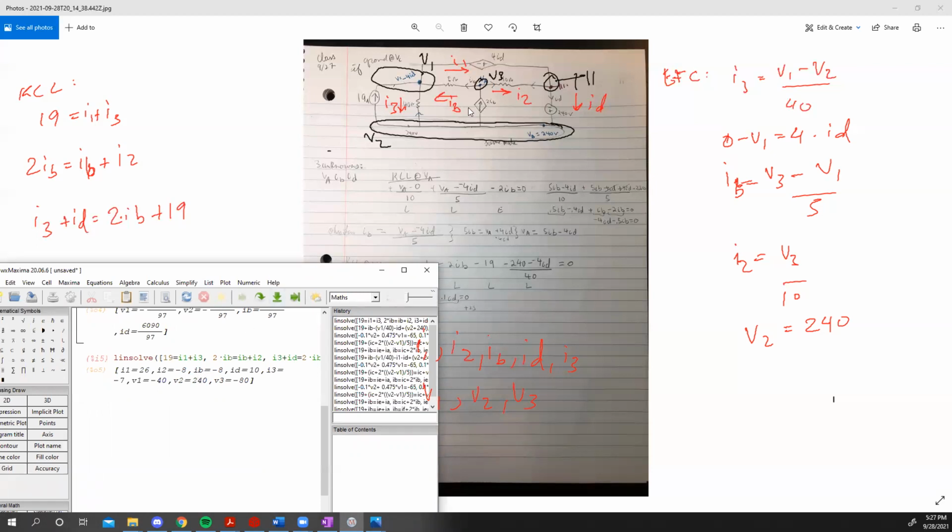Hello? Oh, your VA is this. So 26. Or no, your VA is negative 80. Your IB, so for V3, you got negative 80. Yeah, in the last problem, we got it to be negative 320.